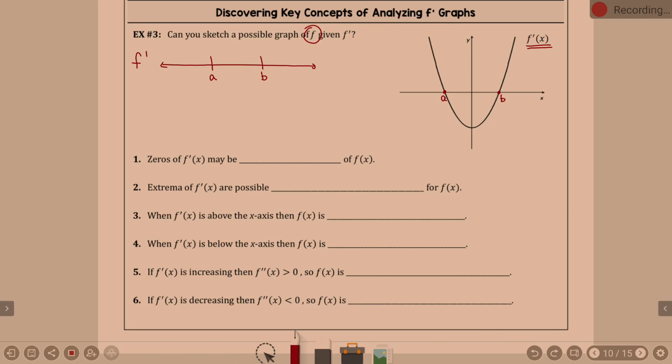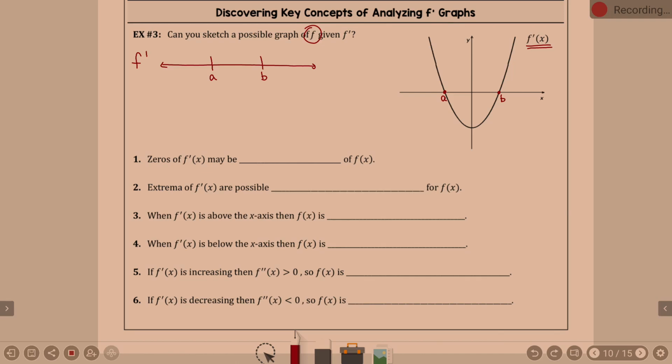I'm not asking, this is the derivative graph. I'm not asking about the derivative of this graph. That would be the second derivative. This is telling me about the derivative. Before I get to A, this graph is above the x-axis. If something is above the x-axis, it is positive.